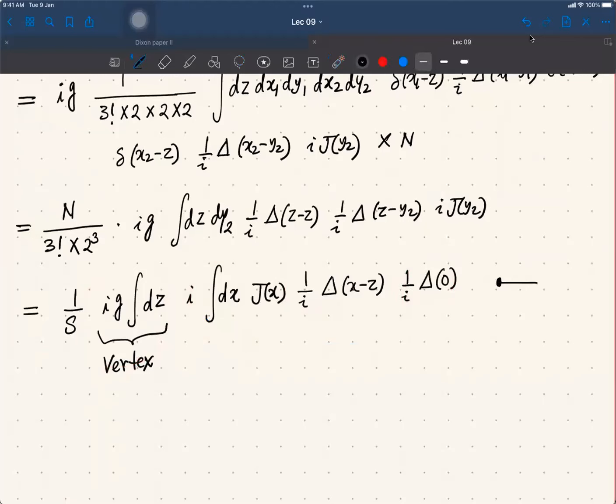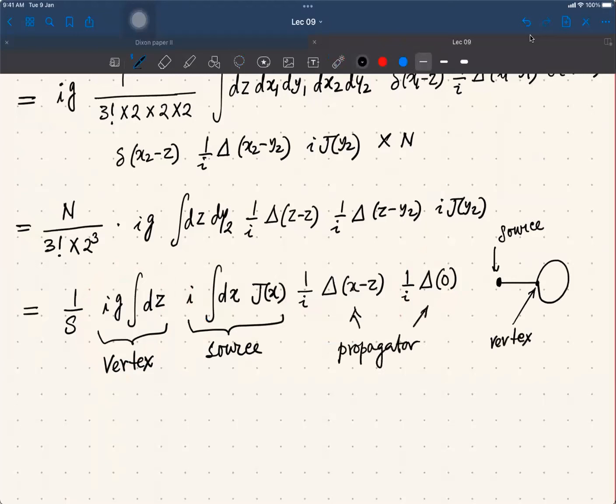So there is a vertex, and then there is a loop z to z. This is the vertex factor coming from this vertex. This is the source factor. This is the source. This is the vertex. And these two are propagators, which are here and here.